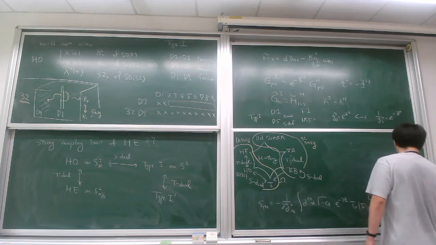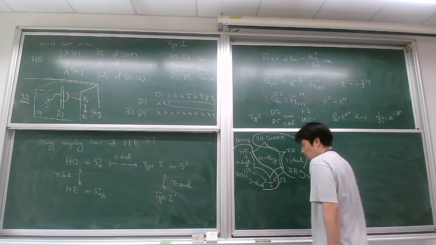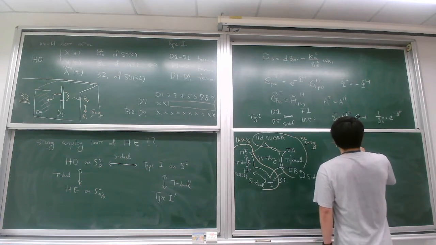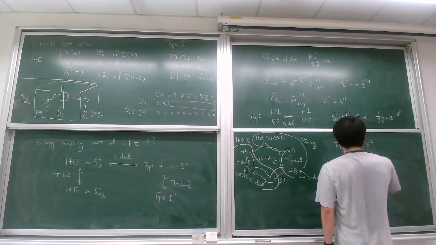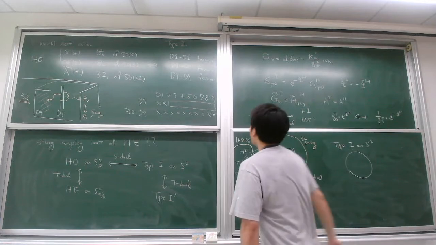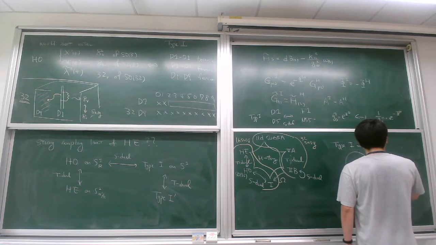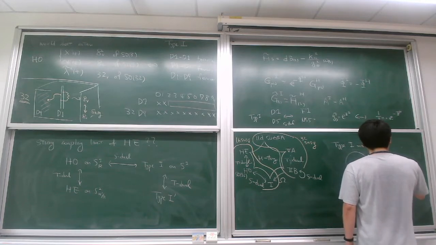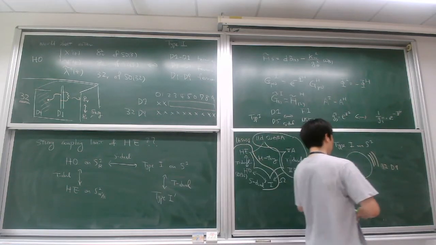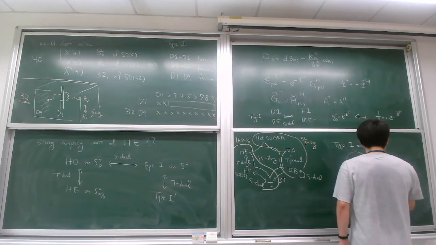Just recall that type 1 on S1, so you have a circle and you have a bunch of D9 branes, 32 D9 branes, and then one orientifold plane, the O9 minus plane.